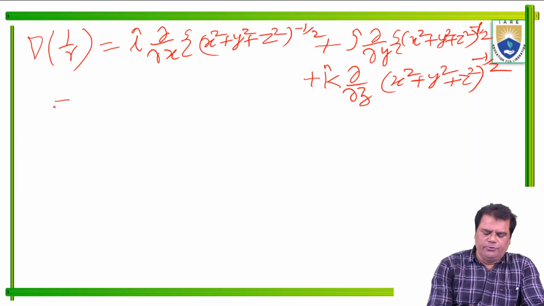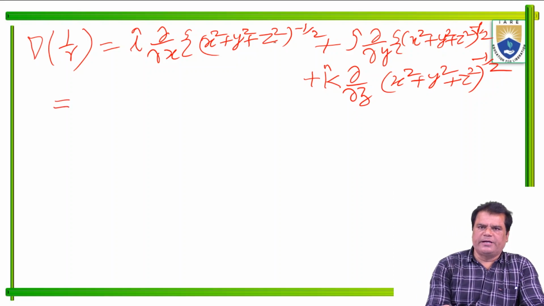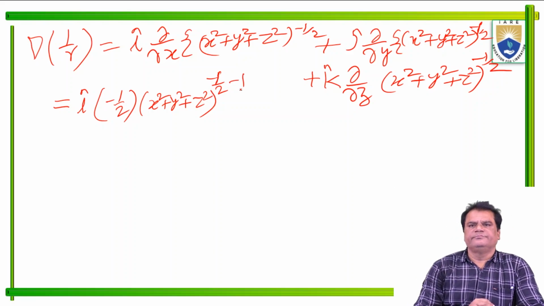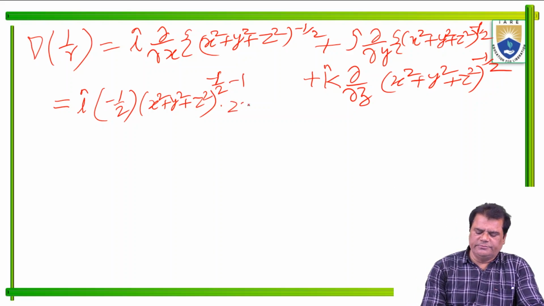Now this equals, differentiating with respect to x here, i cap and the power comes before: minus half, (x square plus y square plus z square) to the power minus half minus 1, into 2x.